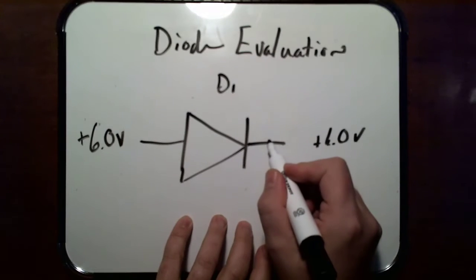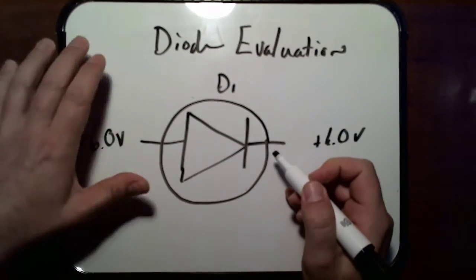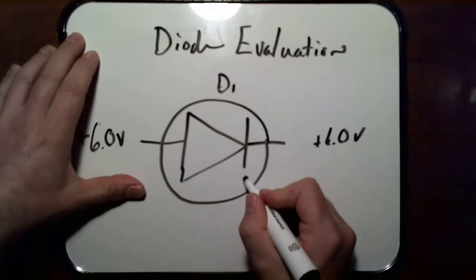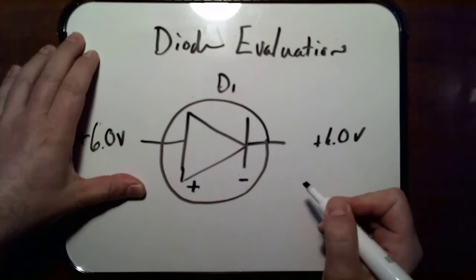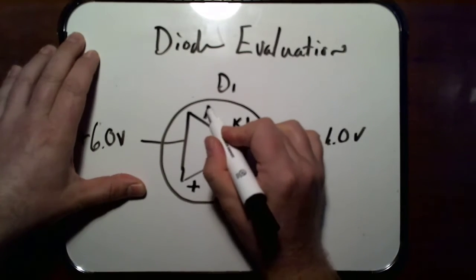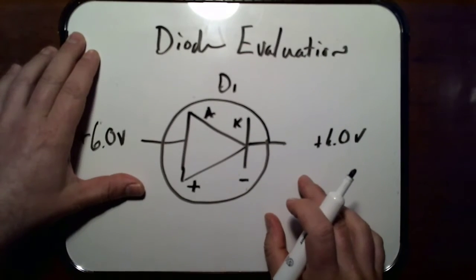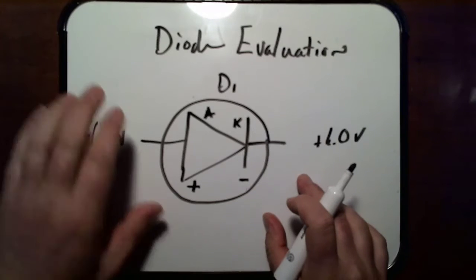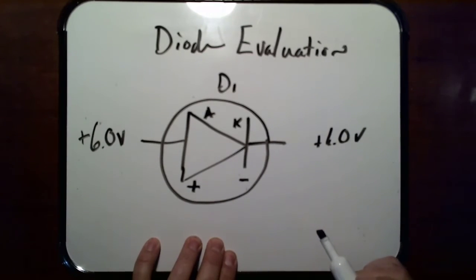If I follow my rules, I'm going to put a circle around my component. I'm going to mark it negative, mark it positive, mark my cathode, and mark my anode, just so that I'm clear about what's happening in my circuit. It can get turned around real fast when we have complex circuits.